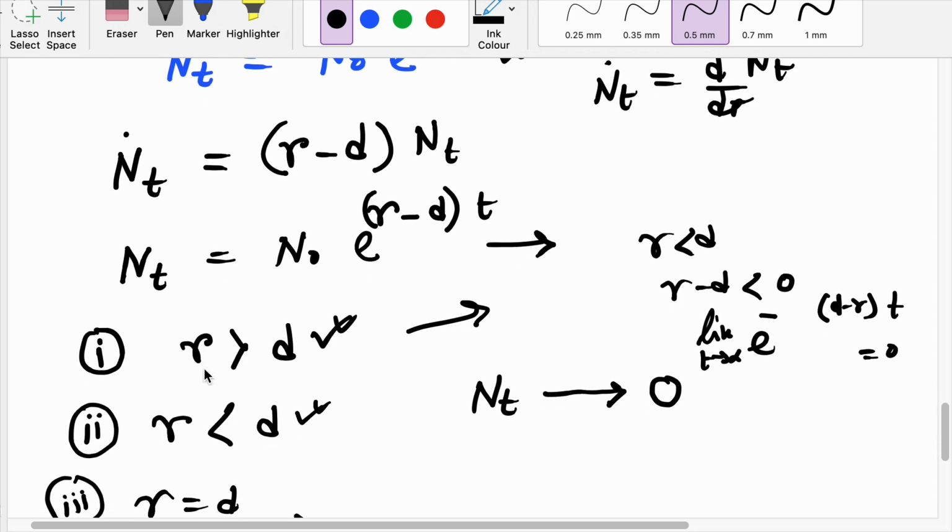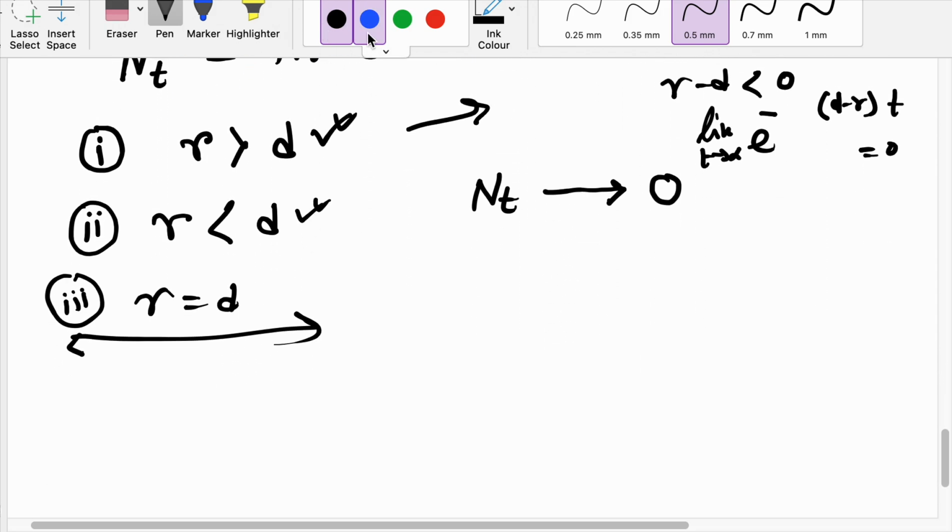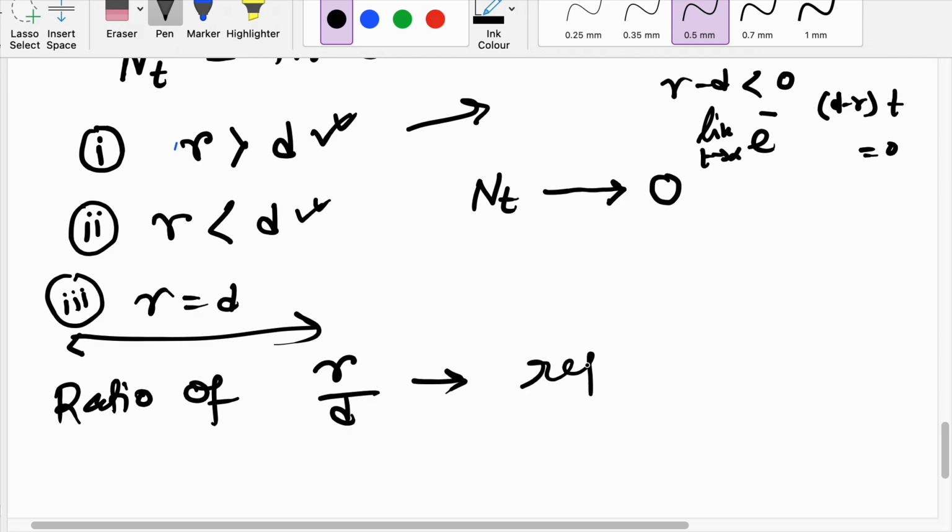Now from here there is one concept in biology, called the reproductive rate. The ratio of r by d is known as the reproductive rate.